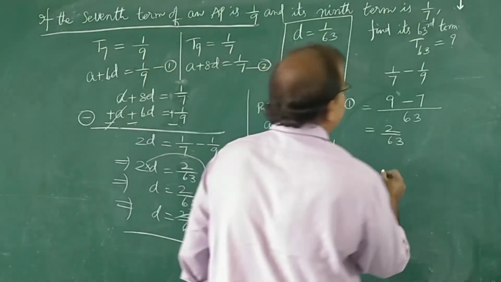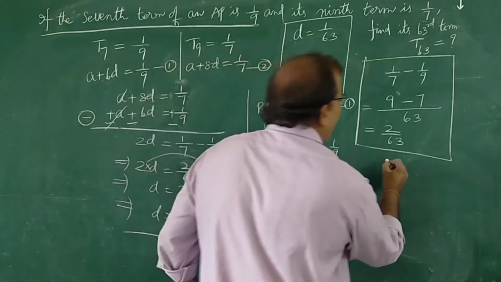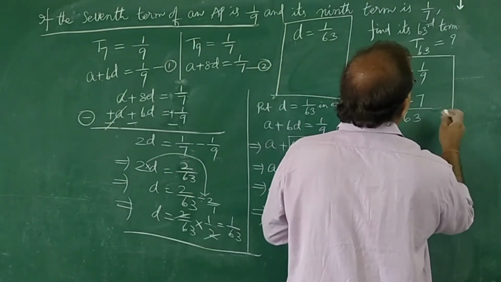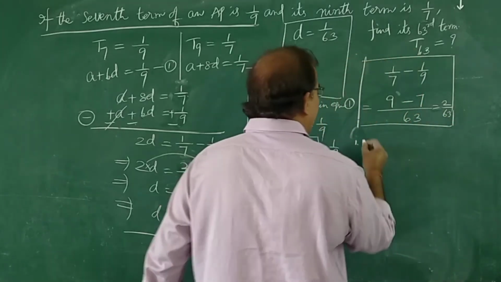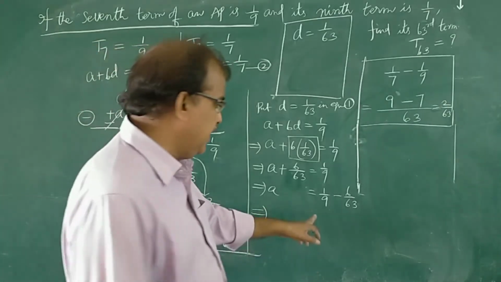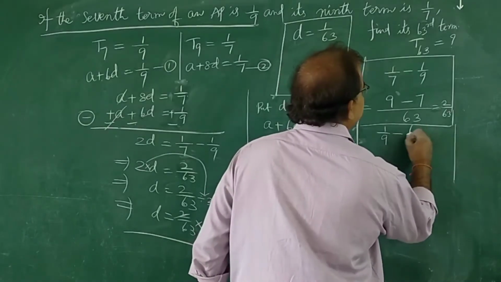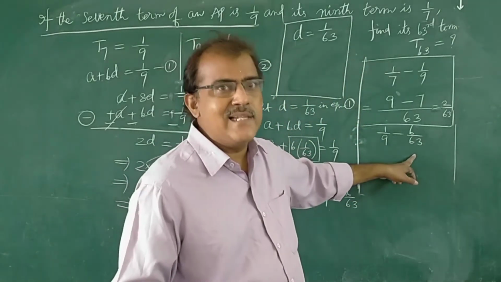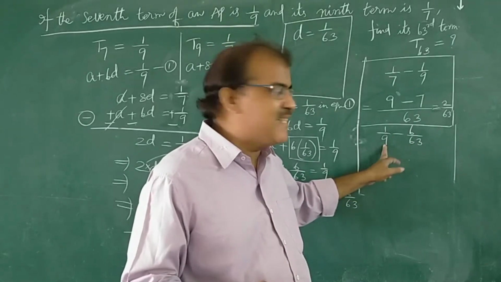I will simplify this part here: 1 by 9 minus 6 by 63. What is the LCM? 63 is the LCM, because 63 is a multiple of 9, or 9 is a factor of 63.